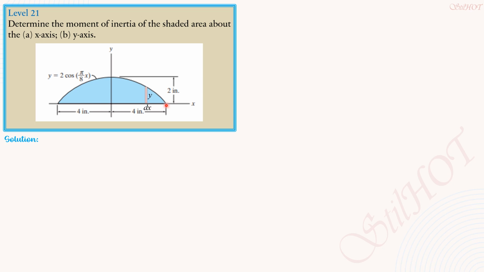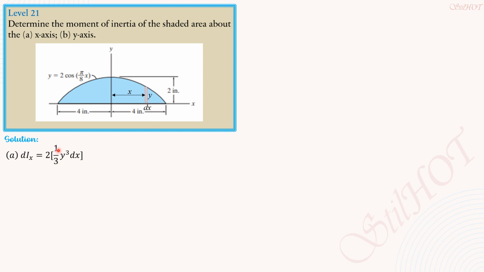And the distance of the strip from the y-axis is x. So differential Ix is 2 times 1/3 y cube dx, from our elemental strip, the moment of inertia of a rectangular strip with respect to the x-axis.